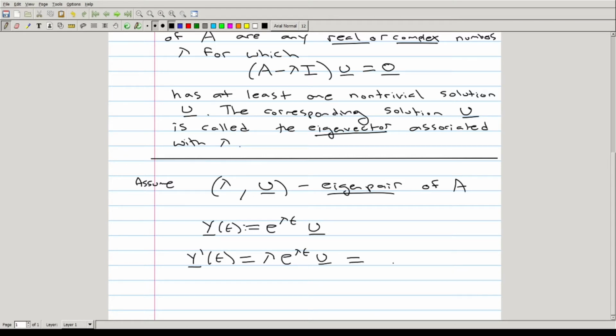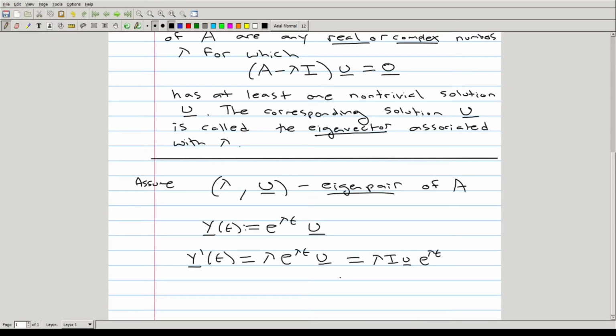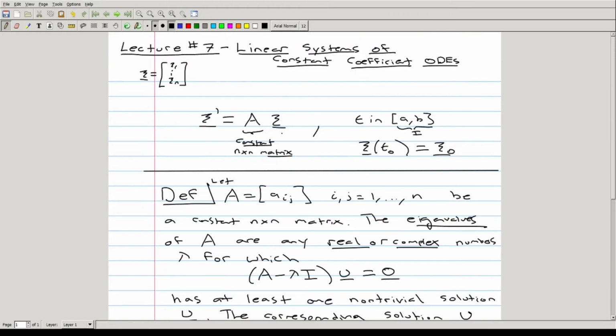And this is the same thing as lambda times the identity matrix I times u e to the lambda t, which from the definition of the eigenvalue-eigenvector relationship, lambda times I times u, is the same thing as A times u times e to the lambda t, which is equal to A times y, because y is the product of u and e to the lambda t, which means that for an eigenpair of the matrix A, y of t satisfies this differential equation right here.